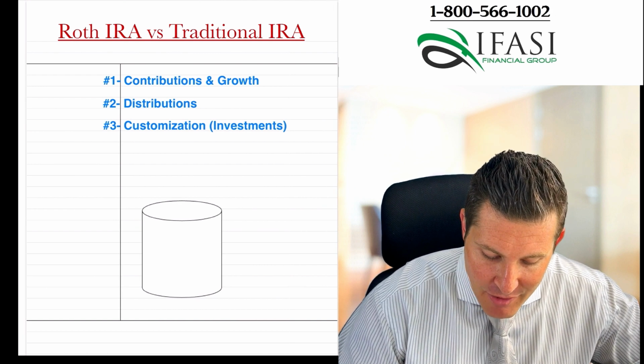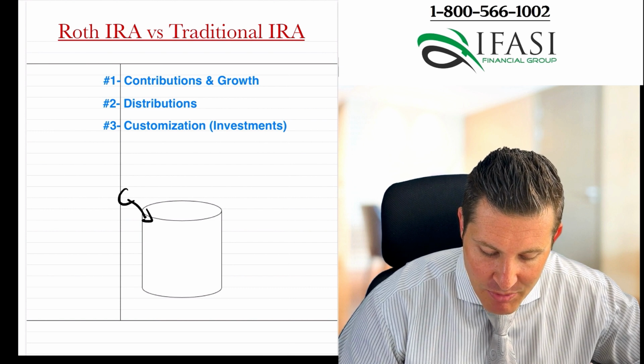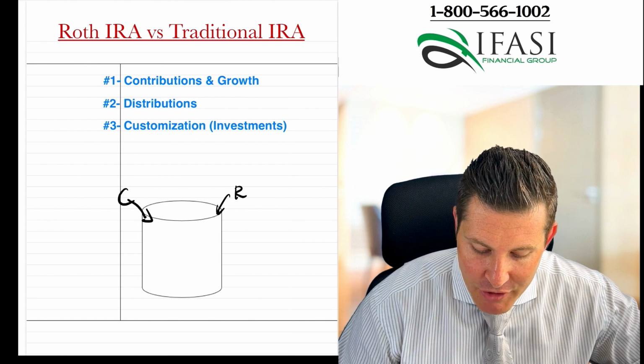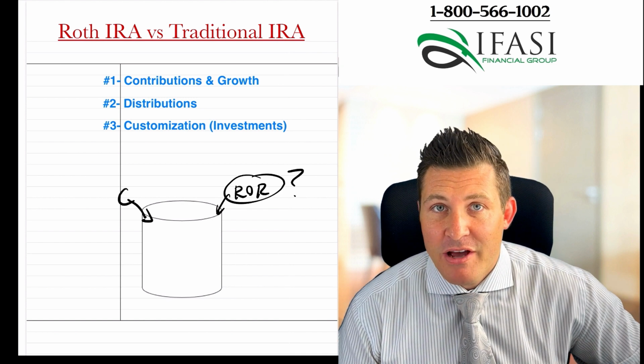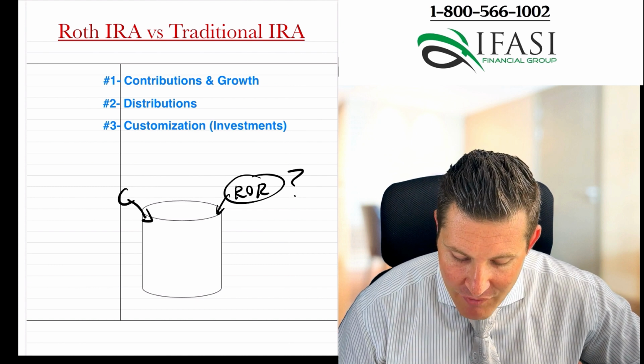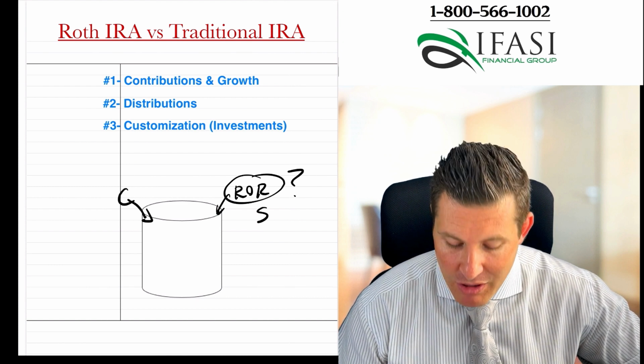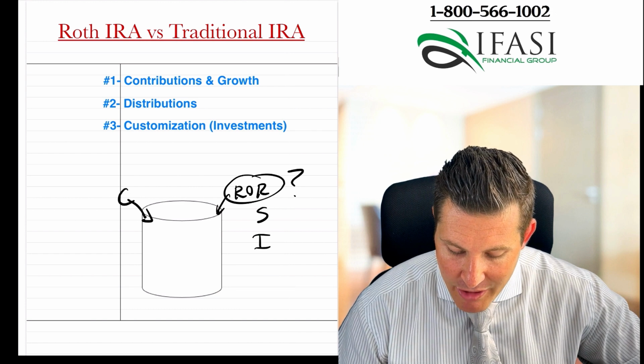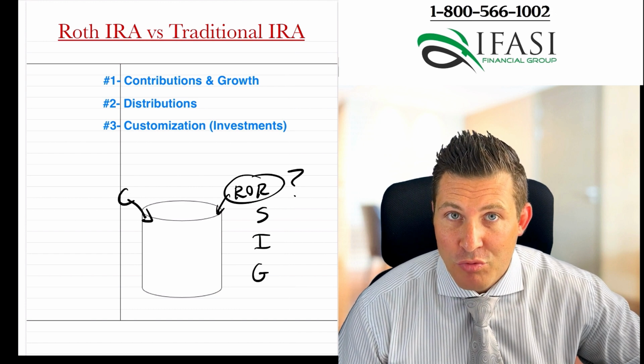We understand this bucket grows by the contribution someone places into the plan and the rate of return that's coming back. What determines this rate of return are the different investments or the different fixed accounts that somebody chooses. So individuals could choose safety-related accounts, income-related accounts, and growth-related accounts.